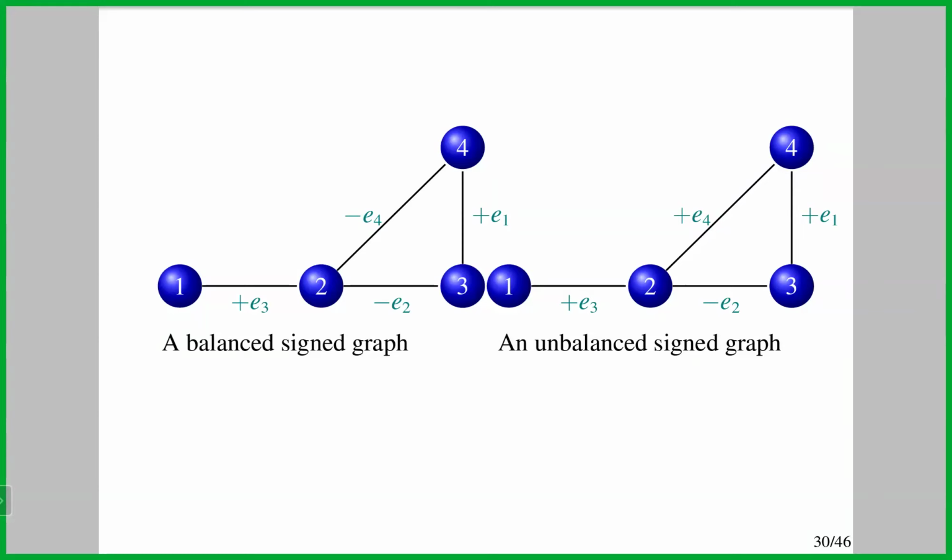So the sign of the cycle is positive. It has one cycle, so all the cycles are positive, and the left graph is a balanced graph. Now look at the cycle in the graph on the right. You have one negative edge and two positive edges, so if you multiply the signs, you get negative. So you have a negative cycle, which means the graph is unbalanced.